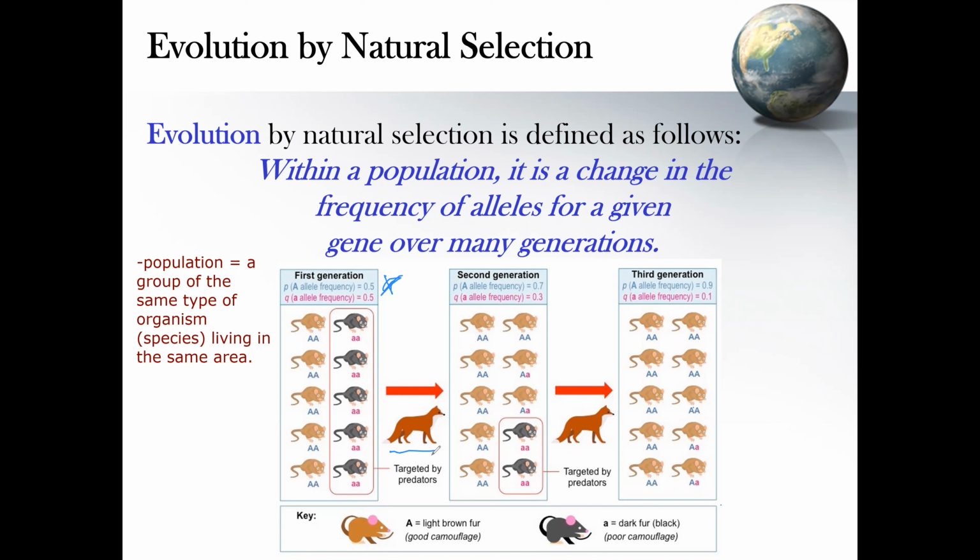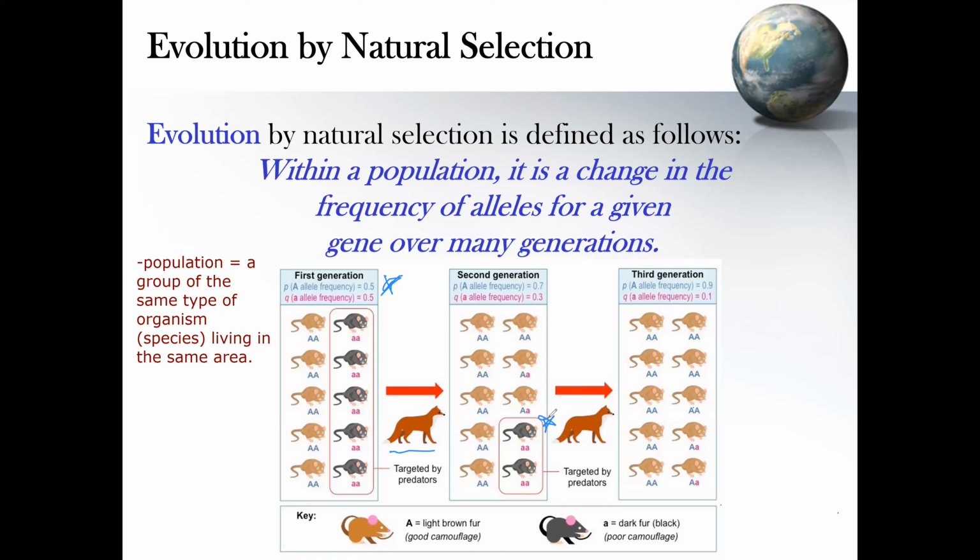So the next generation, you have more brown mice because the ones from the previous generation reproduced, passed on their gene, and their babies are brown. But there's only a few gray mice because they were not able to reproduce as much. Most of them were eaten, a few were not.